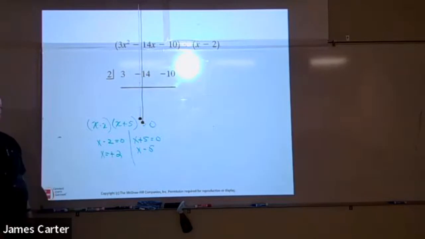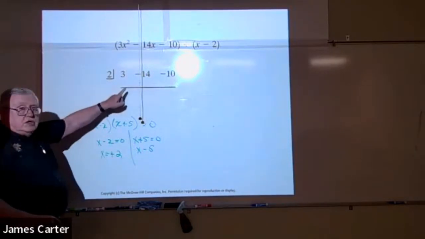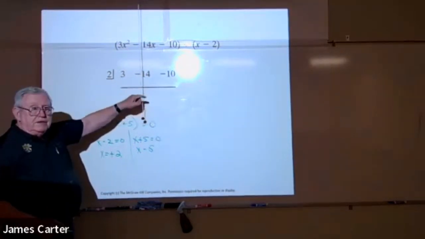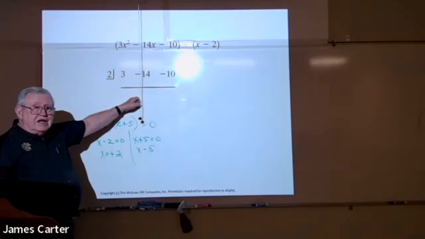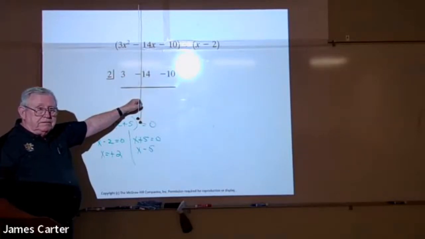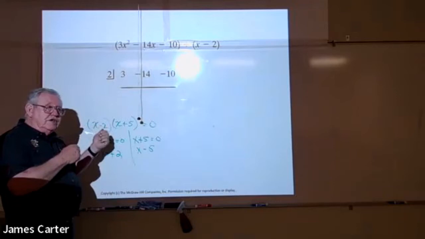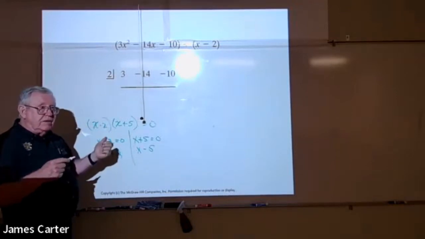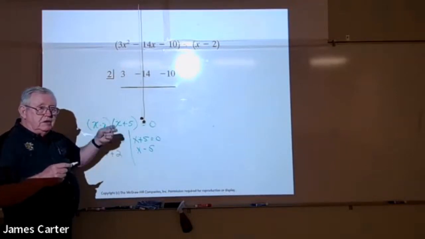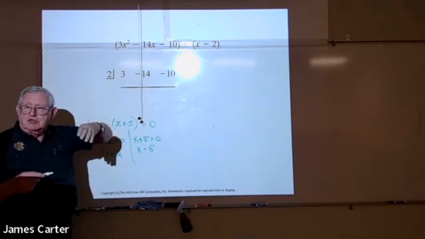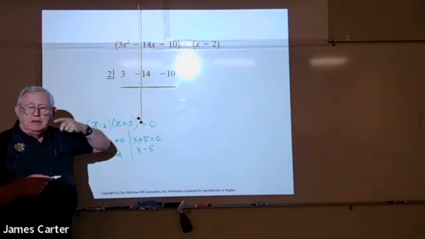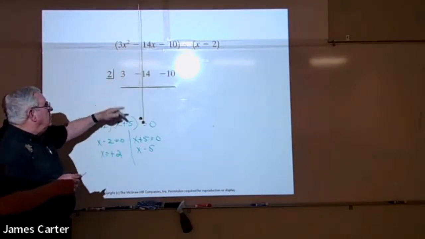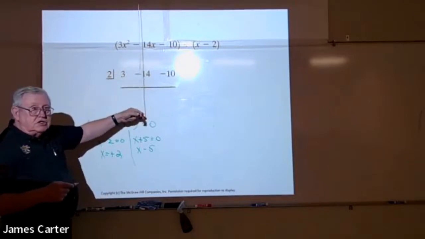Remember that? When you're doing synthetic division, it is an additive process. Long division is a subtractive process. Remember that third step was always subtract. Well, in this one, we're going to add down each time.